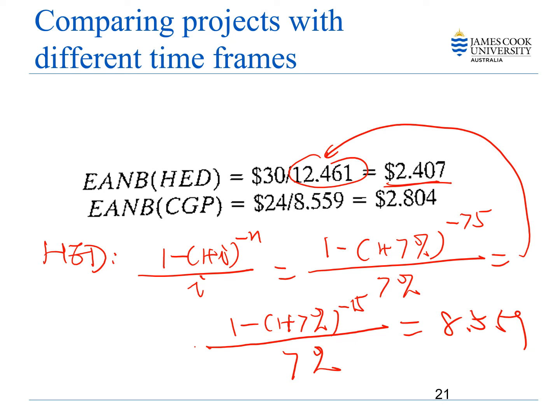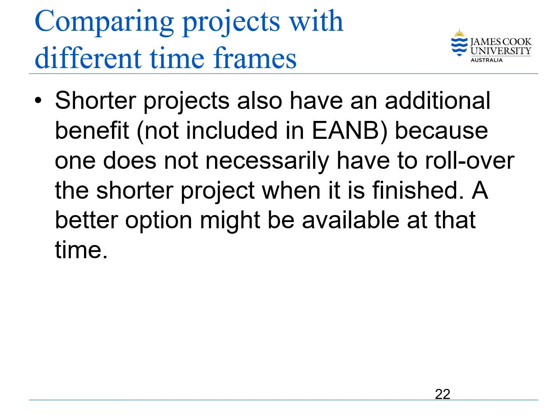All right, so essentially the essence here is that we want to make sure that our comparison is fair. It's apple to apple, not apple to banana. However, our computation here is not perfect actually. There's something that is not accounted for in our calculations here, no matter whether we use rolling over shorter projects or equivalent annual net benefit methods.